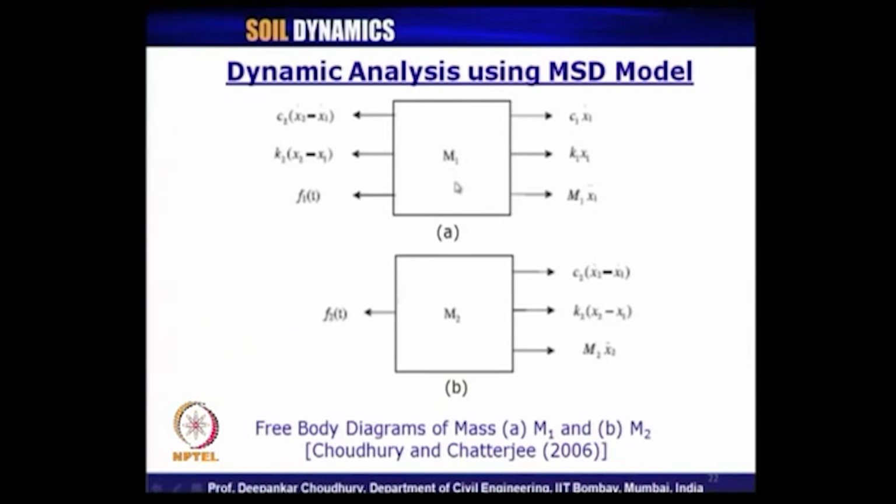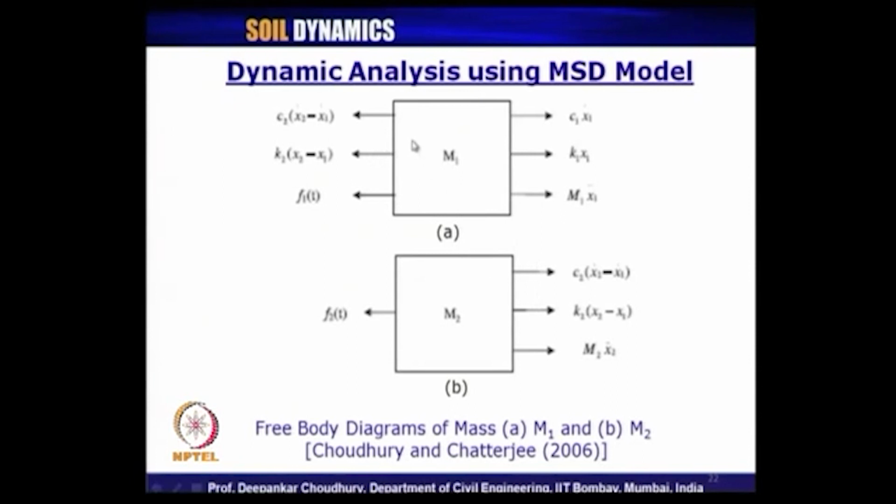Now, for mass M1, that is on the soil, what are the things acting? On this side we have the damper force C1 x1 dot, we have the spring force K1 x1, we have the inertia force M1 x1 double dot, and balancing this damper and spring force, we have C2 times (x2 dot minus x1 dot) in this direction, because here it is in this direction, and this force will be K2 times (x2 minus x1) in this direction, whereas here it is in this direction.